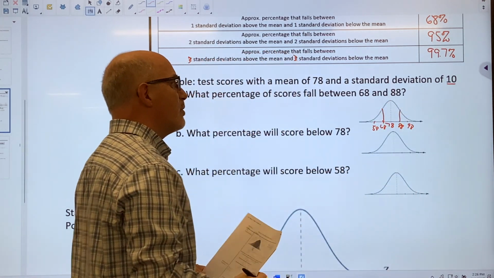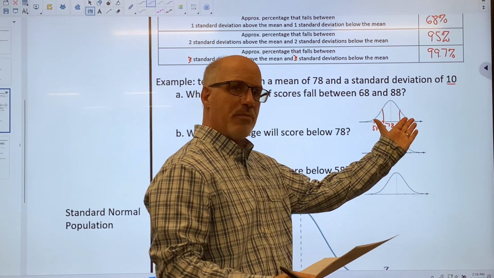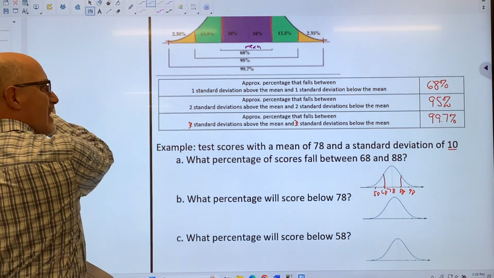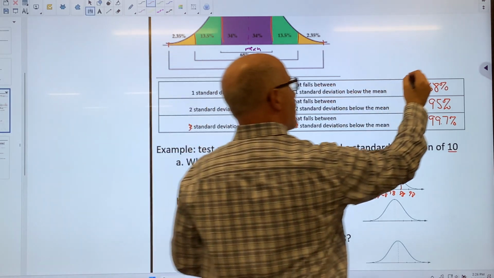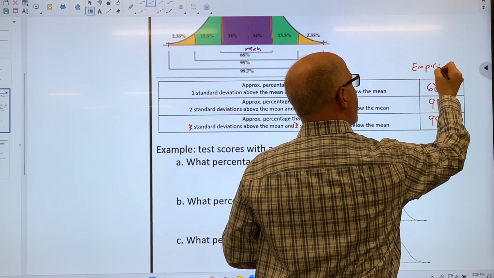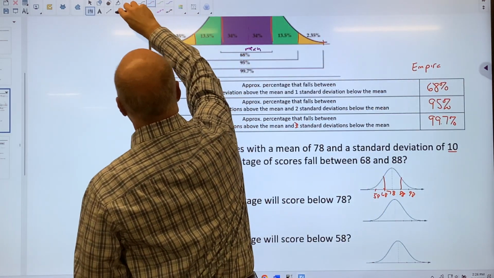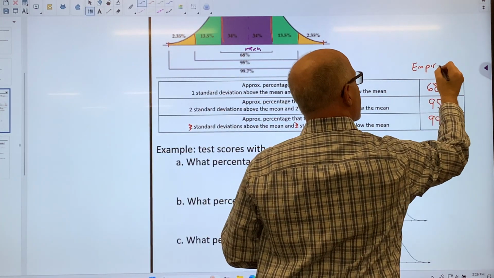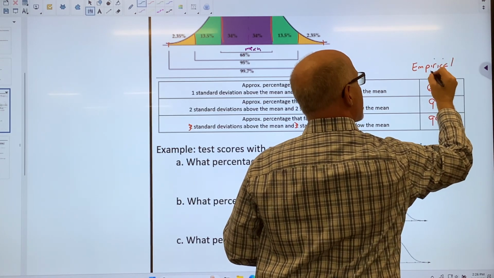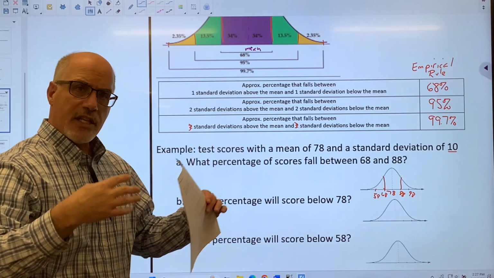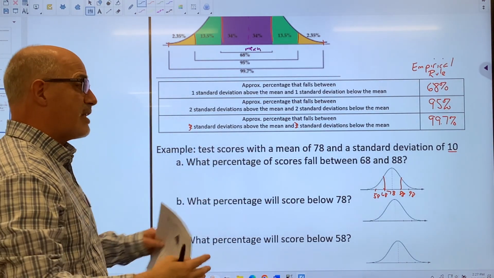Now, that's one standard deviation above and one standard deviation below. And I should add that this is what's called the empirical rule. These values approximate how much data is going to fall in each region.